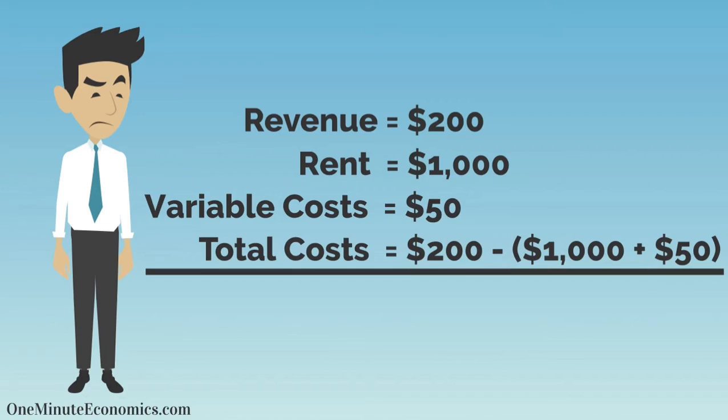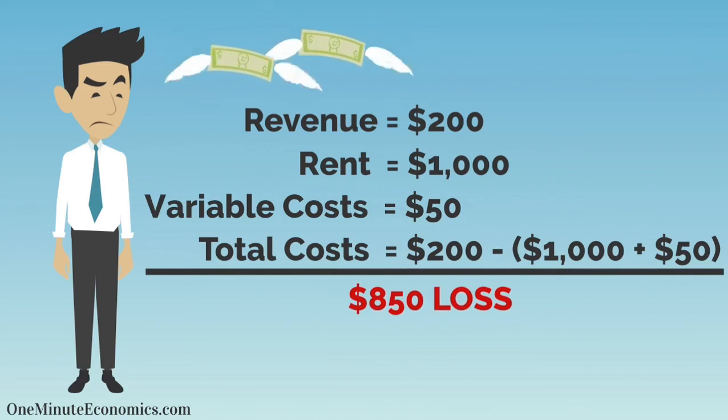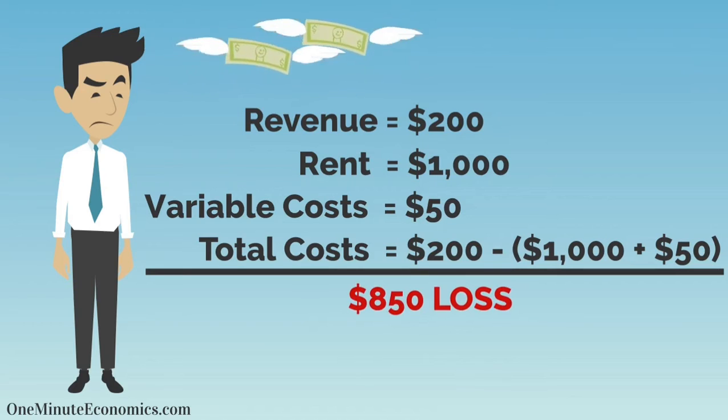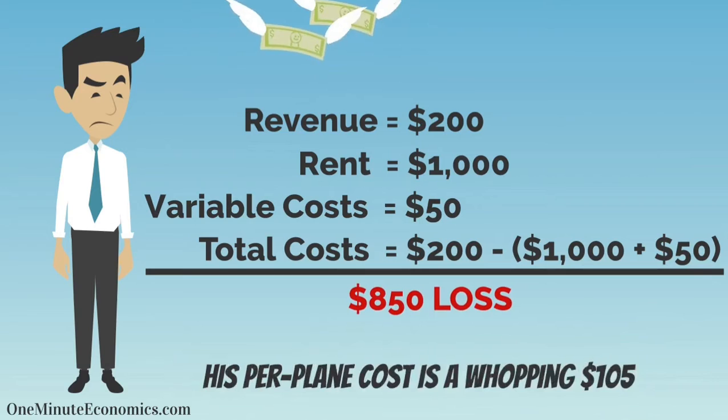Remember that Mr. John has to pay rent of $1,000. His variable cost of producing those 10 airplanes will be $50. So his total cost will be $1,050, and Mr. John will be making a loss of $850. This is because his per plane cost is a whopping sum of $105.